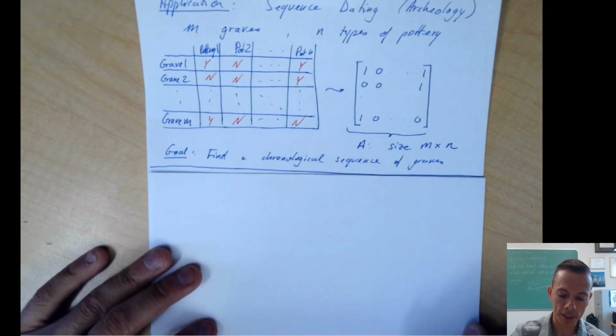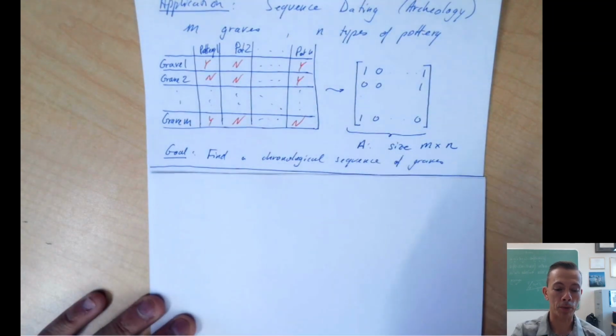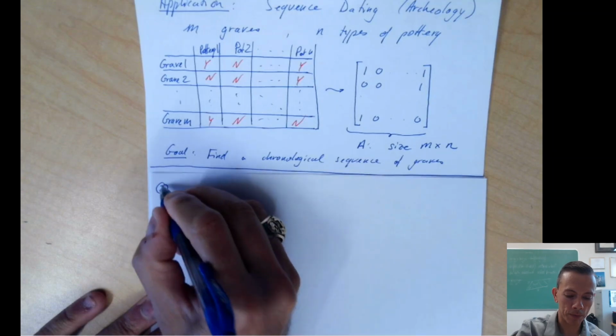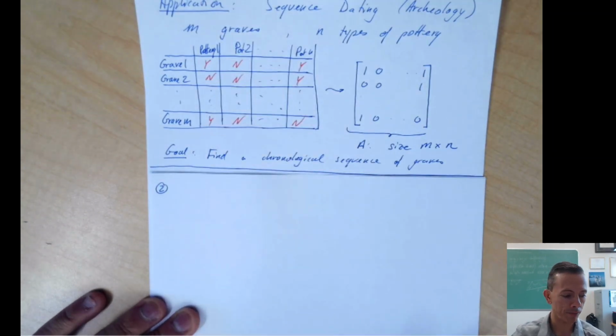There's another matrix that can be built off of the same matrix A, so I'm going to just use this continuation.